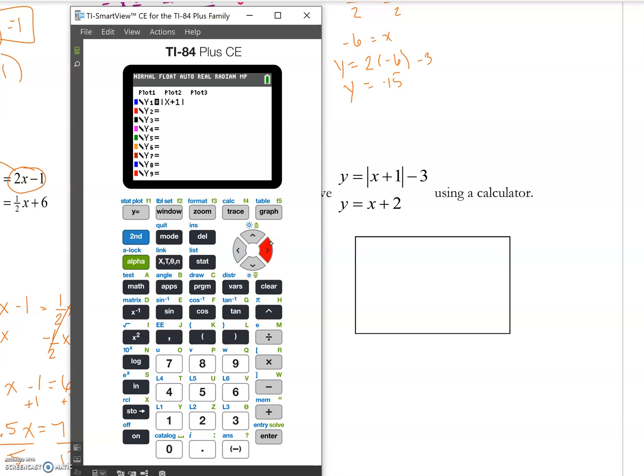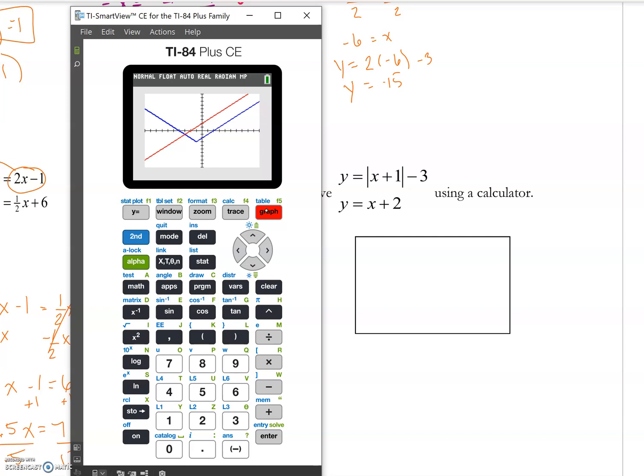Then I just hit my over arrow to get out and type in minus 3. And then in my second equation, x plus 2, I'll hit graph.